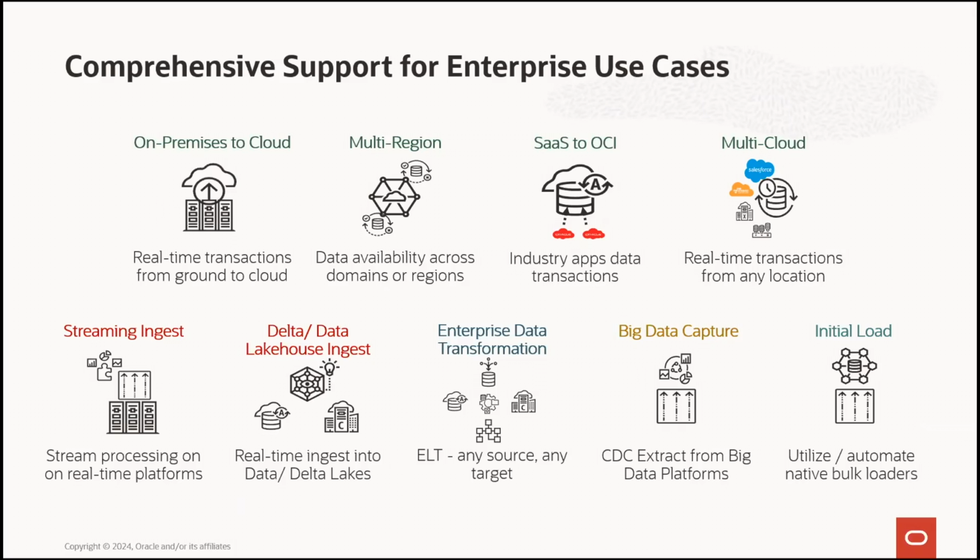So as you can see, there is a very wide array and very extensive number of use cases that you can implement with OCI Golden Gate using one of the three deployment types that we have today. Again, data replication, data transforms, and stream analytics.